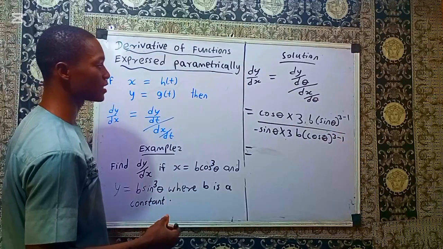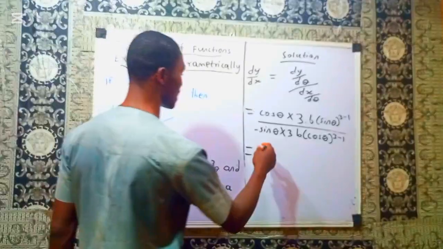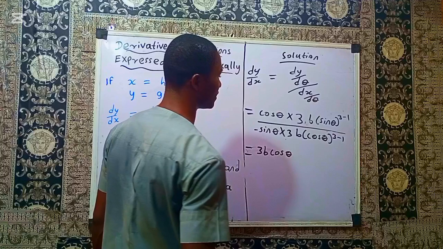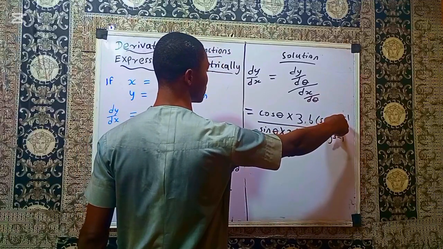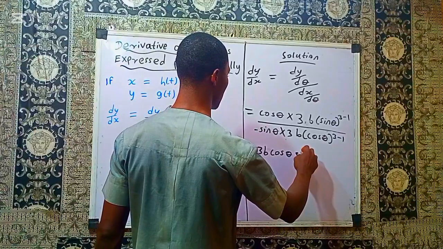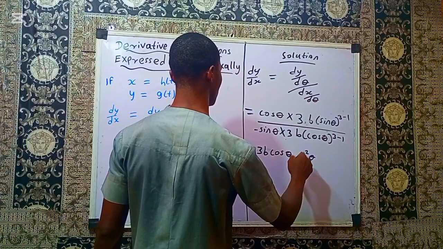We can simplify it to be 3b cosine theta, then sine raised to power 3 minus 1. 3 minus 1 is 2, so this gives us sine squared theta.